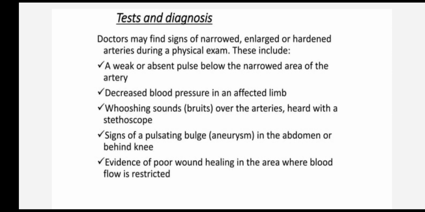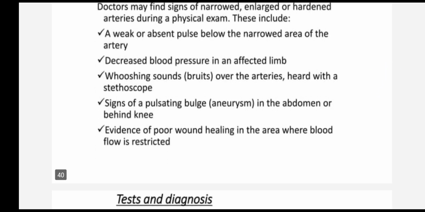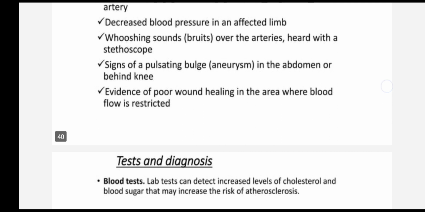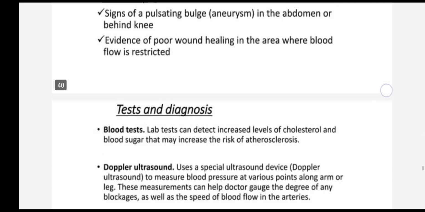These include a weak or absent pulse below the narrowed area of the artery, decreased blood pressure in the affected limb, a whooshing sound over the arteries heard with a stethoscope, signs of a pulsating bulge in the abdomen or behind the knee, and evidence of poor wound healing in the area where blood flow is restricted.